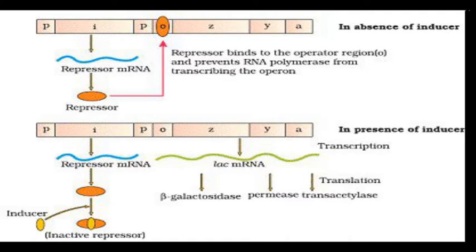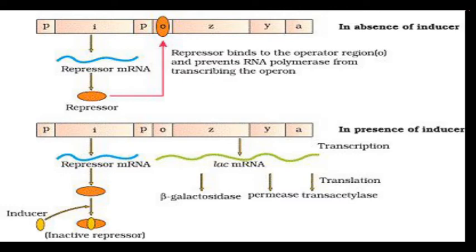Next, we need to understand two different concepts here. The first one is when there is no lactose but there is glucose. So the E. coli directly utilizes the glucose and there is no need to break down lactose into glucose and galactose. At that time, this orange color which is present here represents the operator region.